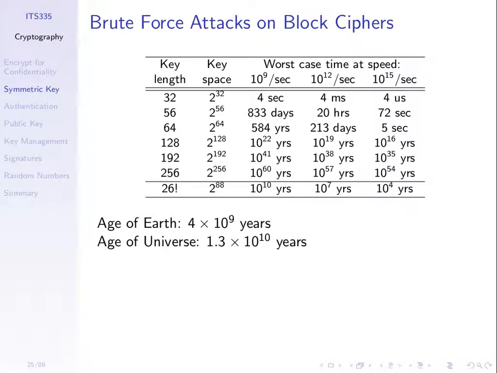And note down the bottom, the age of the universe is about 10 to the power of 10 years. That is, to do a brute force attack on AES, I'd have to wait for the universe to end. And I'm not prepared to wait that long. And that means that effectively a 128-bit key is secure. A brute force attack is not possible.